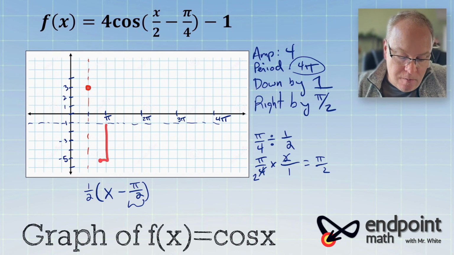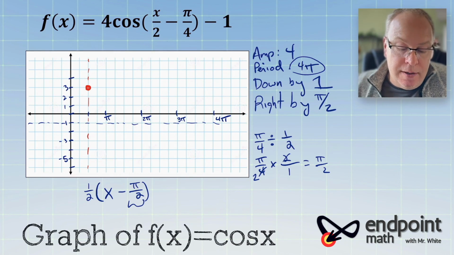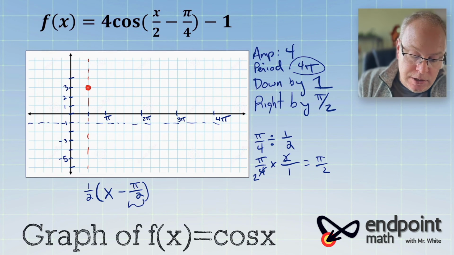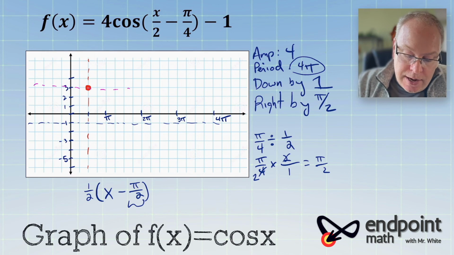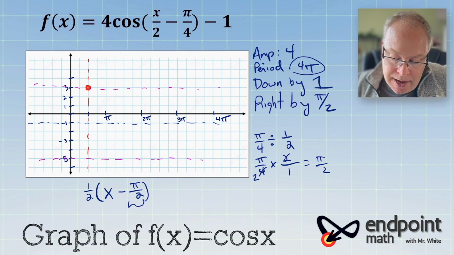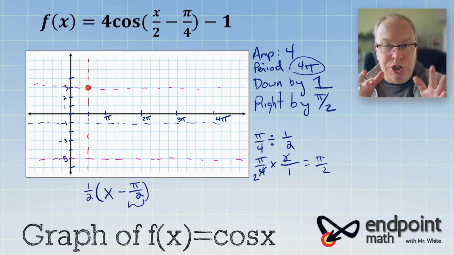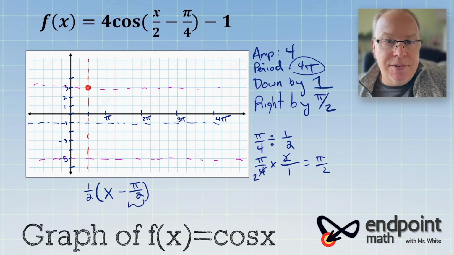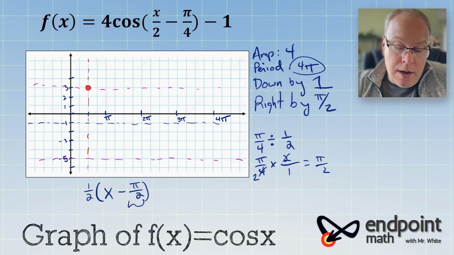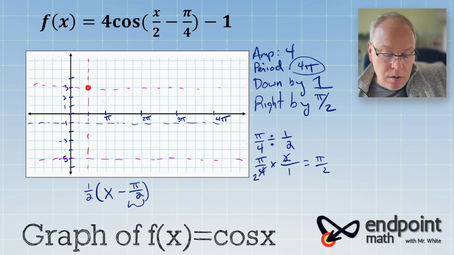So then we got to go 4 down for the next one, and that's going to be way down there at -5. Some teachers like to draw a second set of dotted lines to have this channel where your oscillating function stays on the road here. So that's not a bad idea.